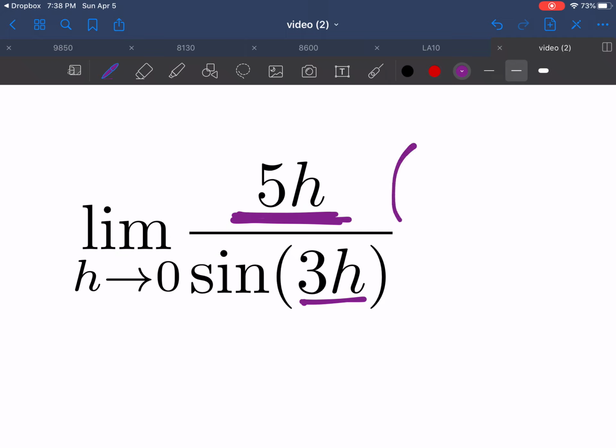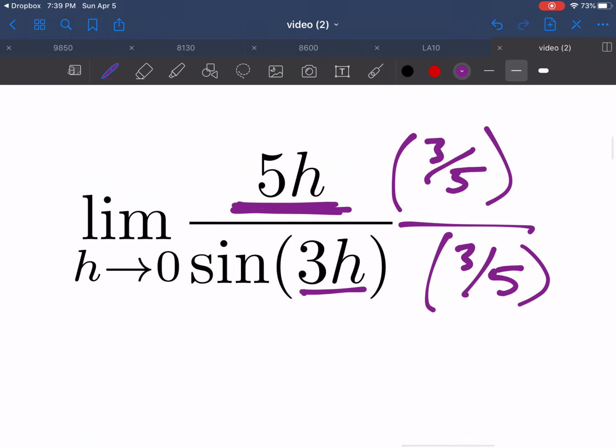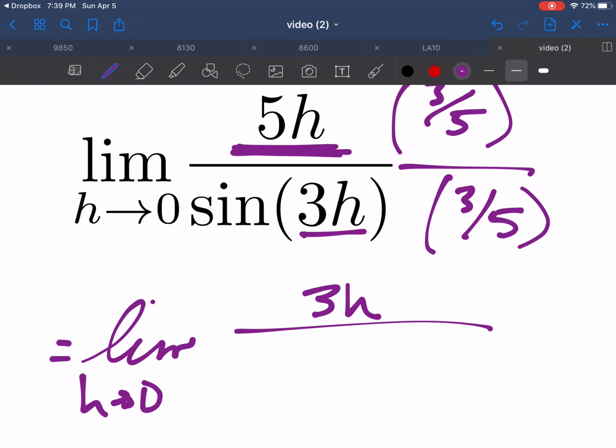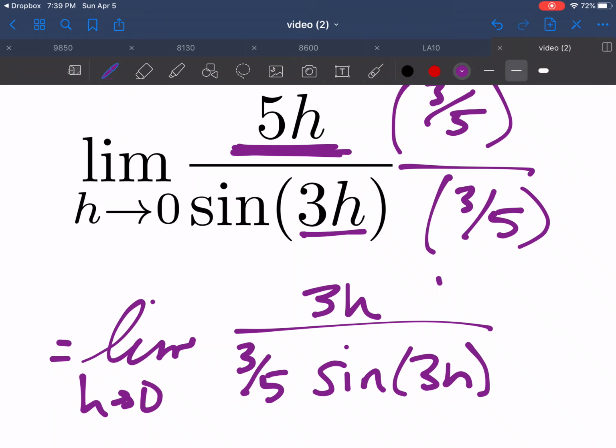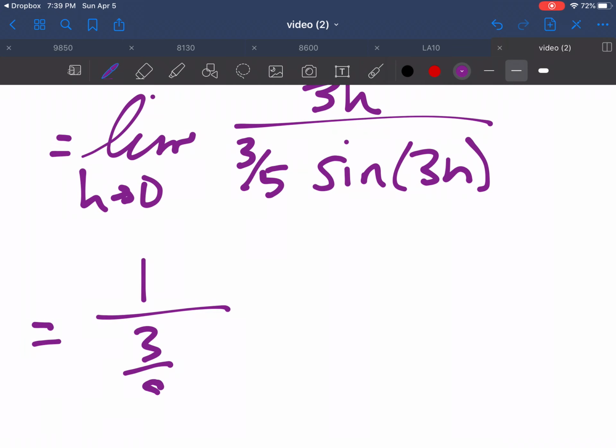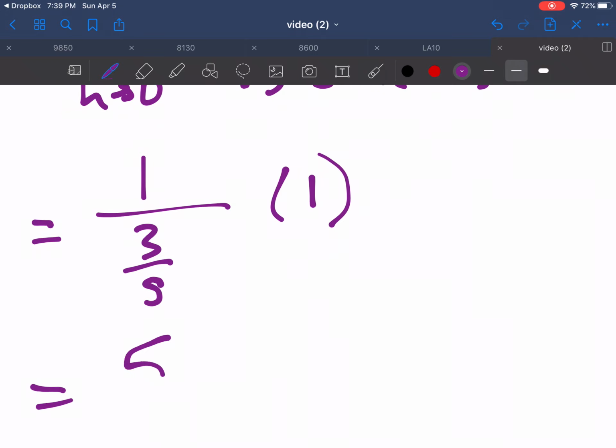We can multiply by 3 over 5 over 3 over 5, and that gives us the limit as h approaches 0 of sine of 3h over 3h times 3/5, which will be equal to 1 over 3/5 times 1. So just 5/3.